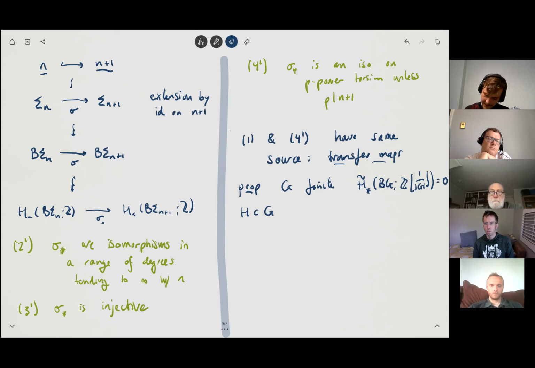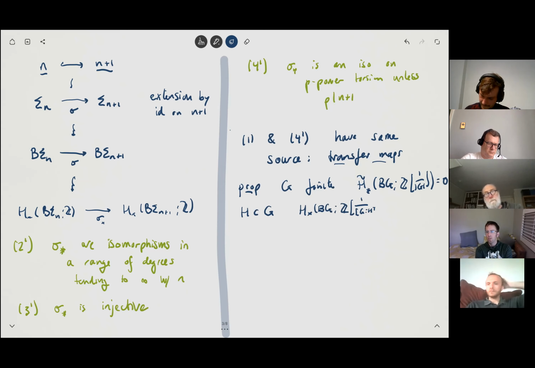in that case, you can say that the homology of BG with coefficients in Z, where you've inverted the index of G and H, this is a retract of the homology of BH with those coefficients.